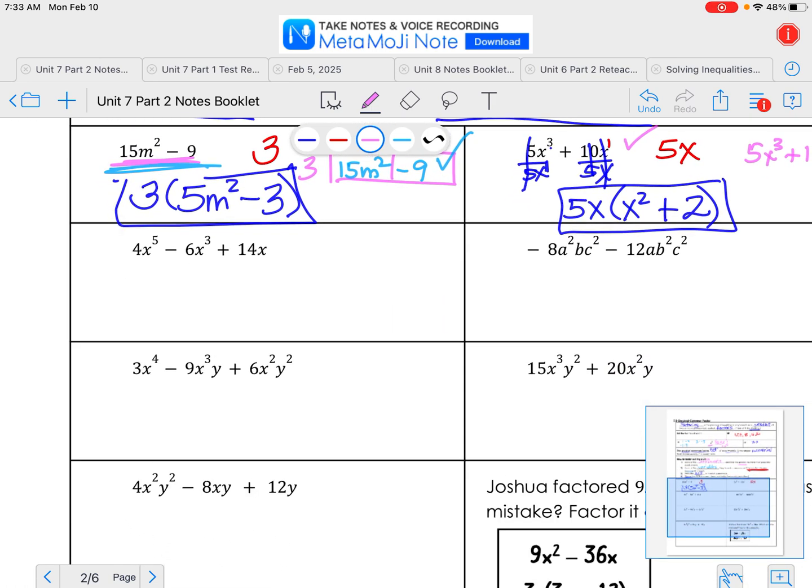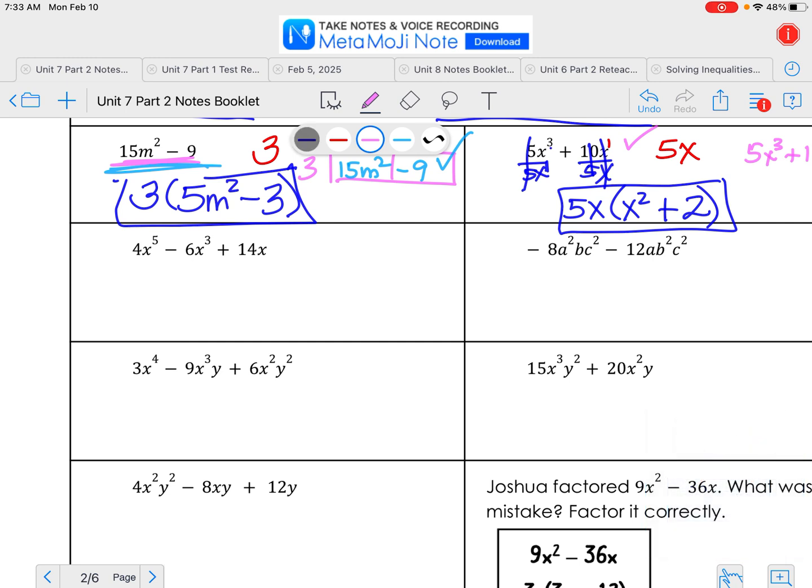Oh, now we have a trinomial. Doesn't matter. We're finding the greatest integer that will go into all three coefficients. So 4, 6, and 14, they have a 2 in common. And then they all have x's. So let's look at the smallest exponent of x, which would be this one, the 1. So that's your GCF.